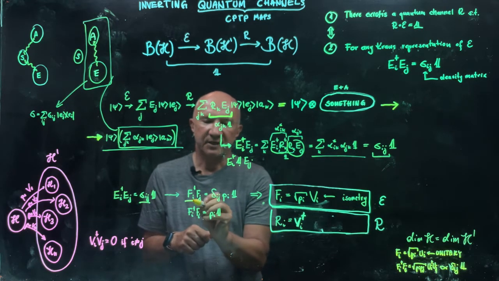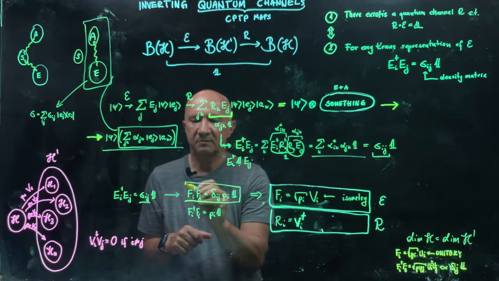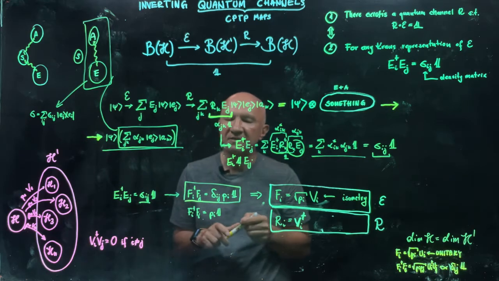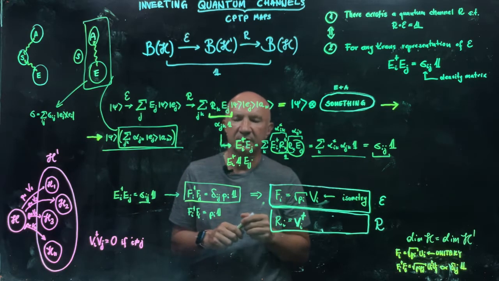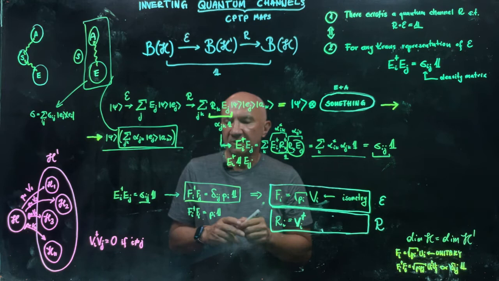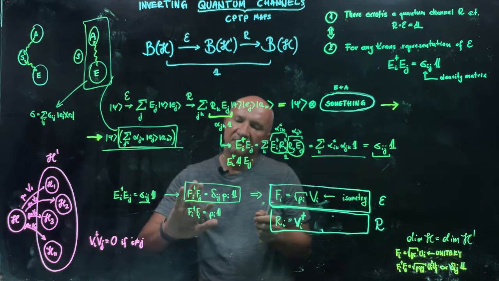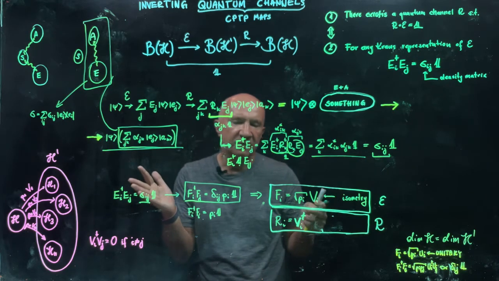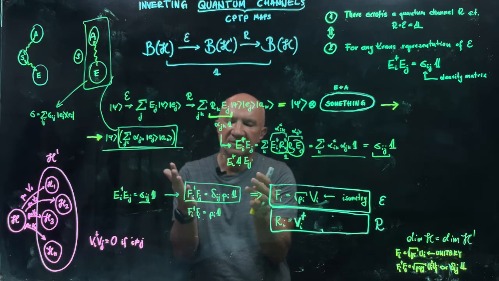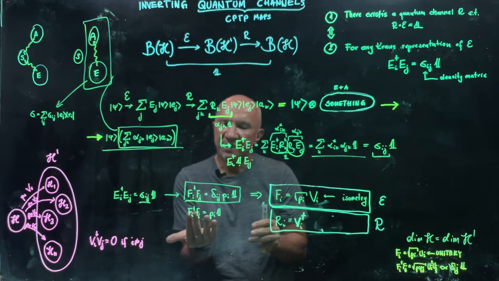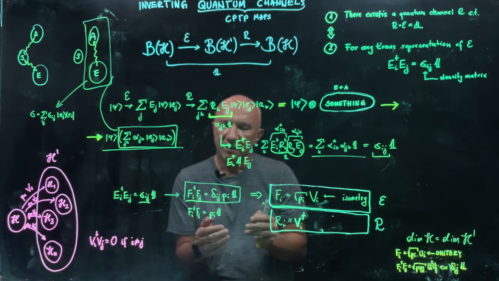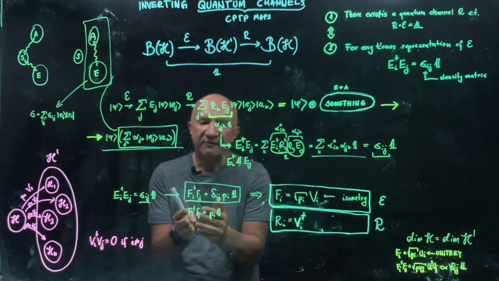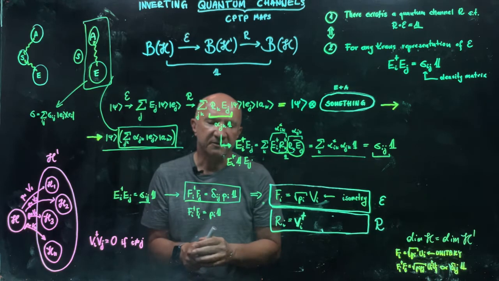So we have this condition, which is easier to understand and interpret. In particular, you can see that for i and j being different, you just have 0 here. But if they are identical, Fi dagger Fi is proportional to the identity.